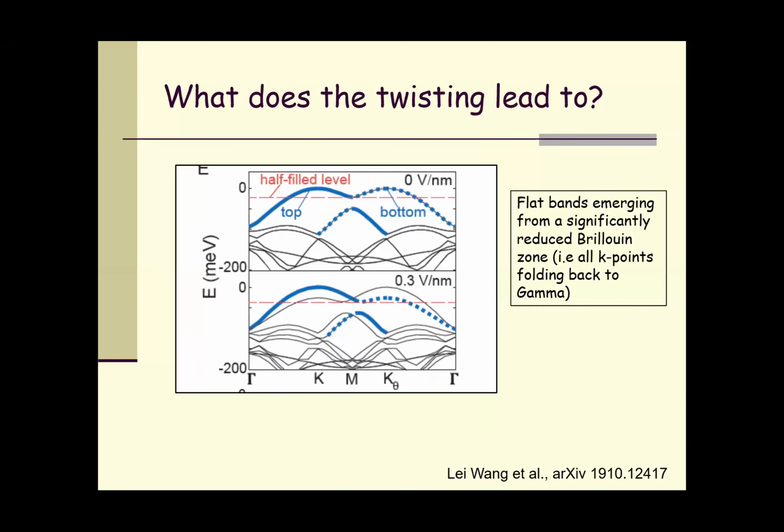Because your real space unit cells, or your crystalline commensurate lattices, are very large, in reciprocal space we have a very small Brillouin zone with all the bands essentially folding back to gamma, and flat bands probably emerging because of this significantly reduced Brillouin zone.